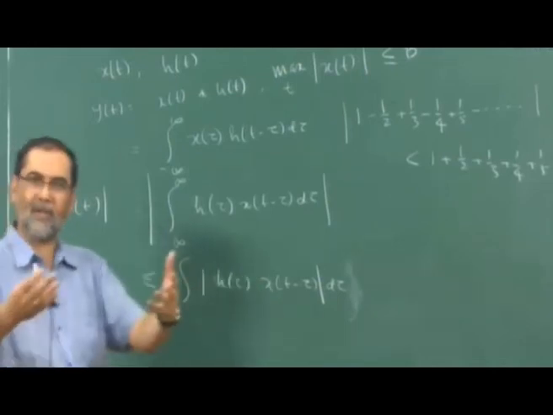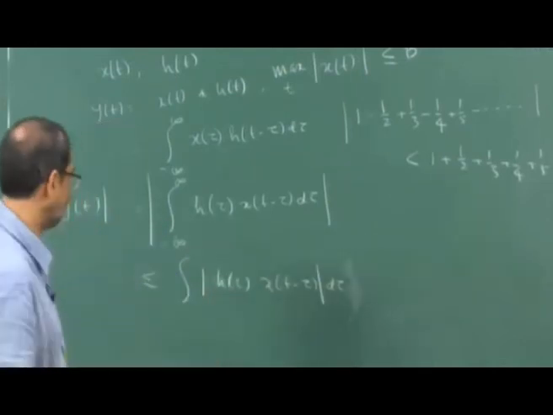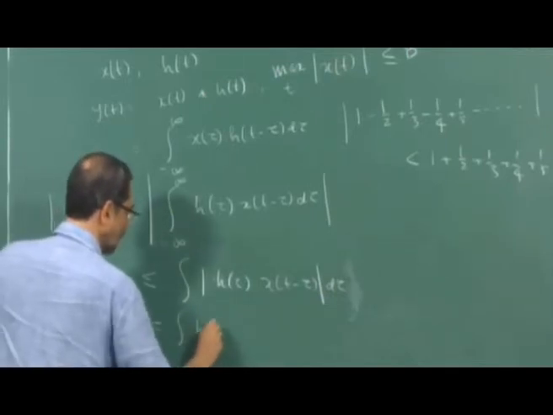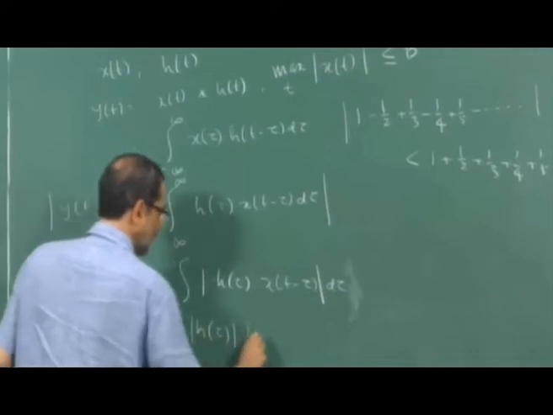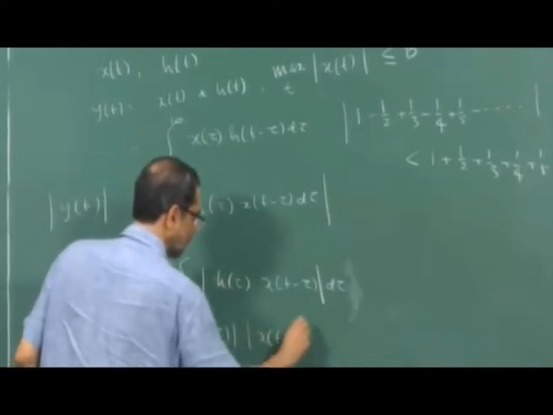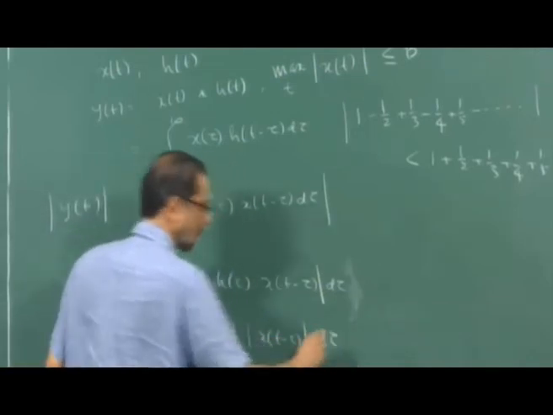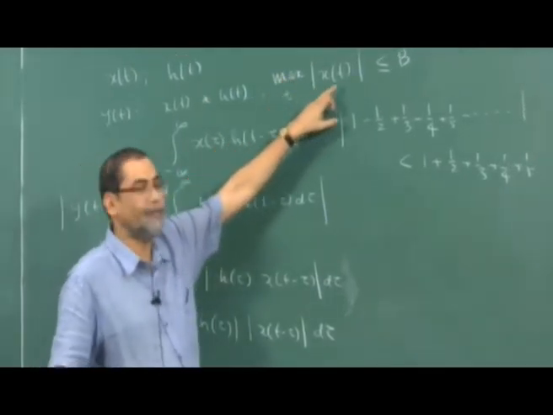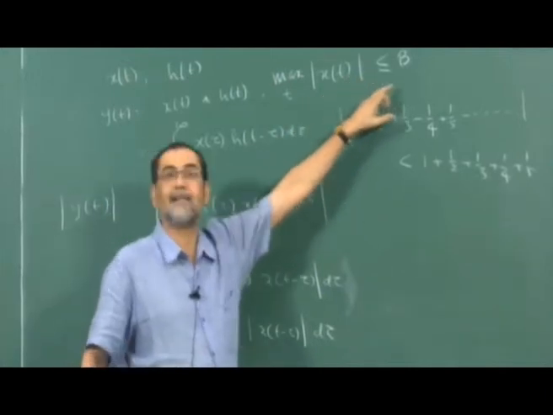If there are questions, I'll take them up after the break. So this is now equal to the integral of the absolute value of h of tau and the absolute value of x of t minus tau. But I've assumed that the maximum possible value of the absolute value of x is less than b.